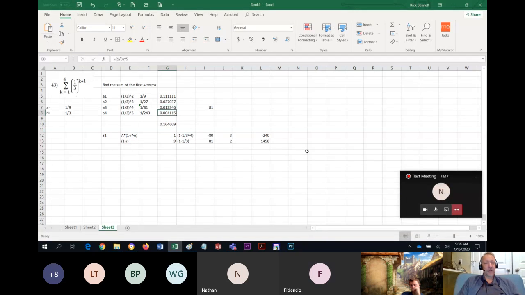Okay, so I got the same number here. These two numbers are the same. I'm just trying to figure out why my negative isn't correct. Why do I have a negative and I shouldn't, because they're all positive numbers?